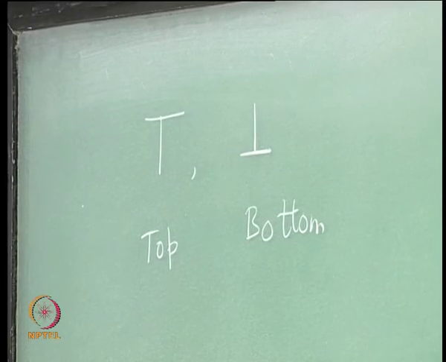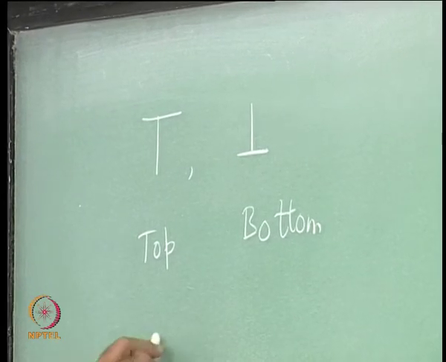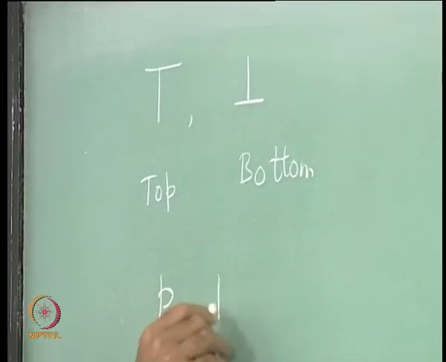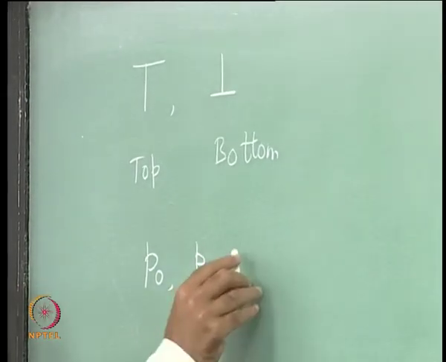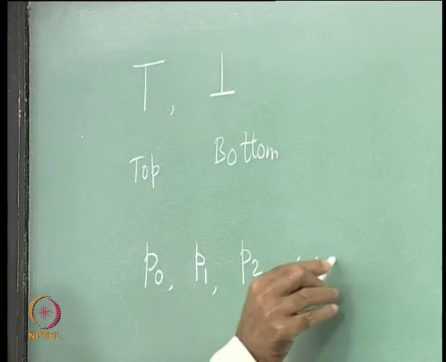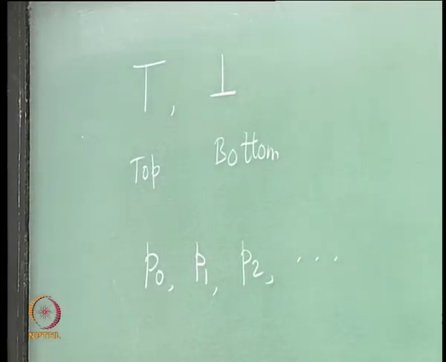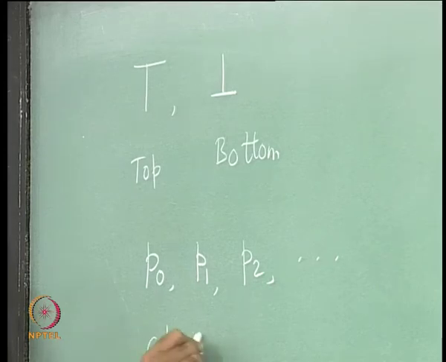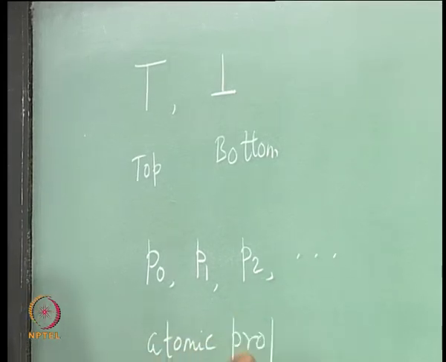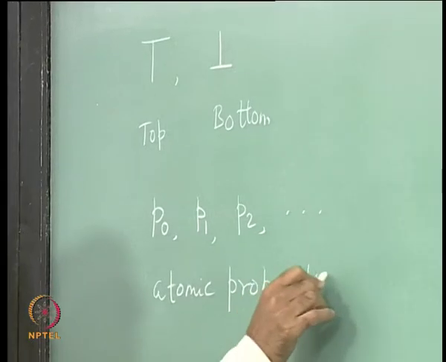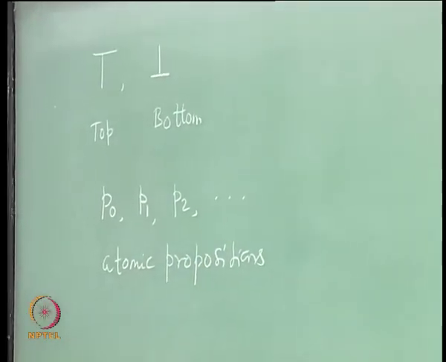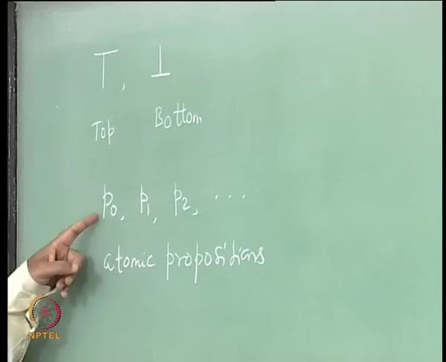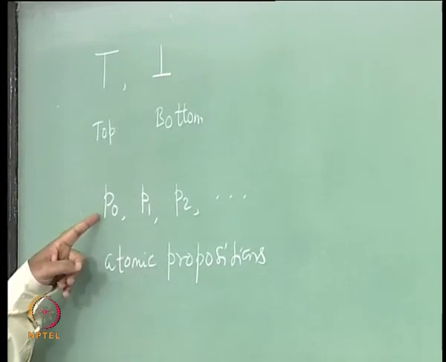Okay. Next, we will have a list of infinitely many symbols, P0, P1, P2 and so on. So these are called atomic propositions. But we will give a different name, we will say these things are propositional variables.